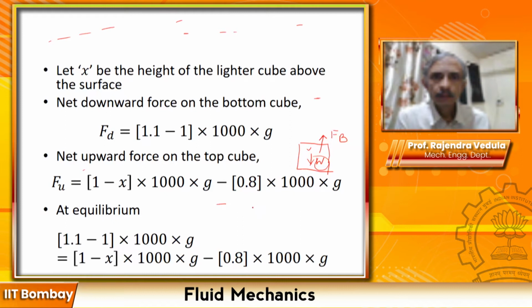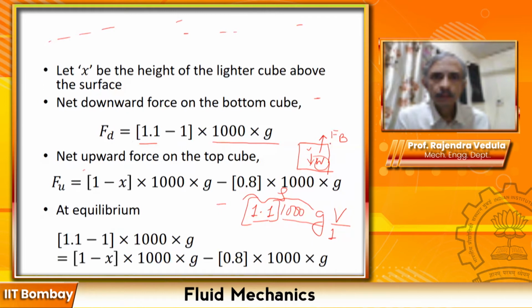So the weight of the body is going to be 1.1 times 1000, which is the density, rho. Then you have got a g, then you have got a V, and the V is 1. Okay, so 1.1 rho g V is going to be the weight. And then there is a buoyancy force. How much liquid is it going to displace?